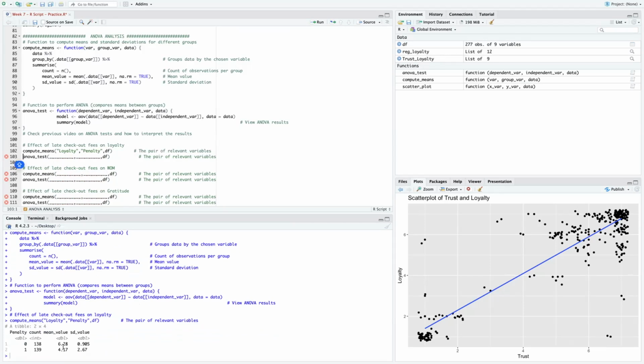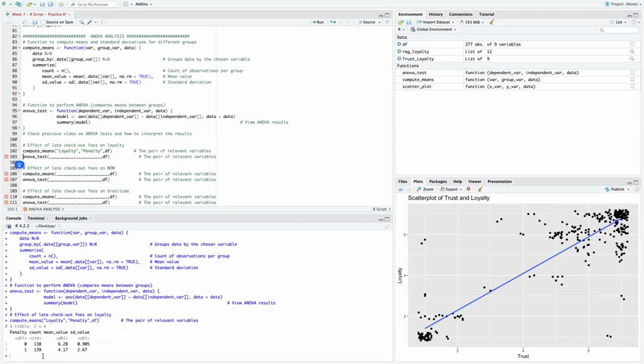Right, good. Now, please look at this result. How do you understand it? We have 2 groups of penalty, 0 and 1. 0 means the customer will not be charged for the late fee, right? And 1 means yes, the customer will be charged for the late fee. We have nearly equal size for each group, 138 and 139.